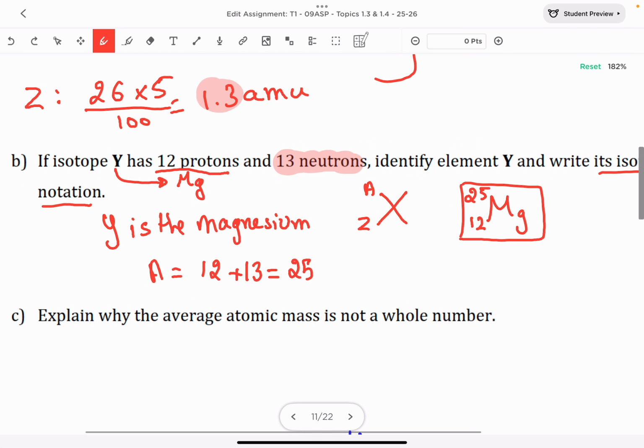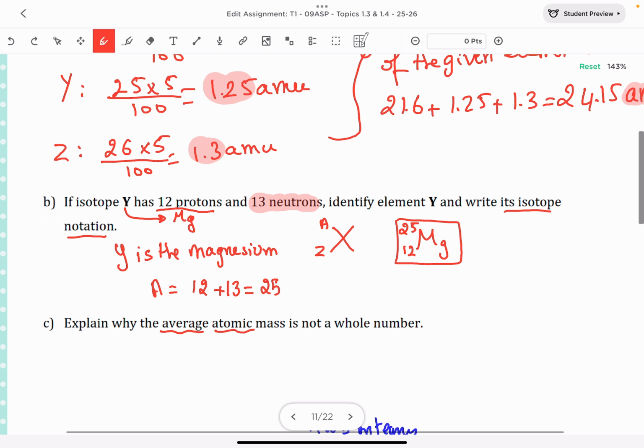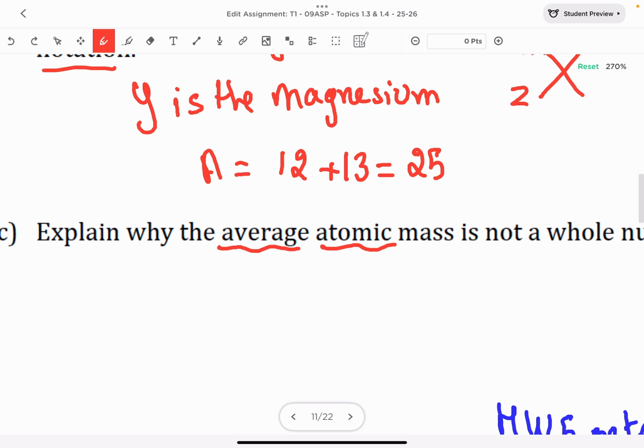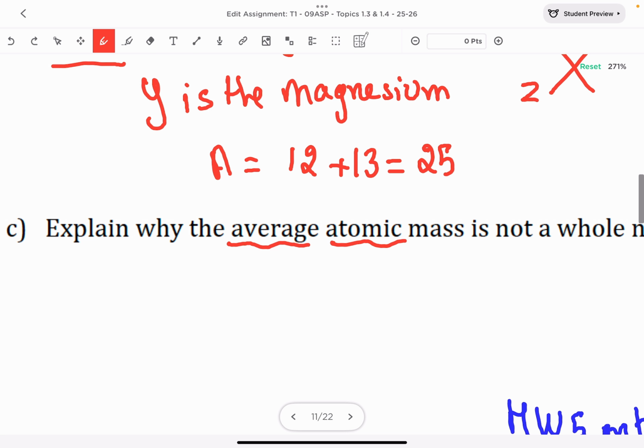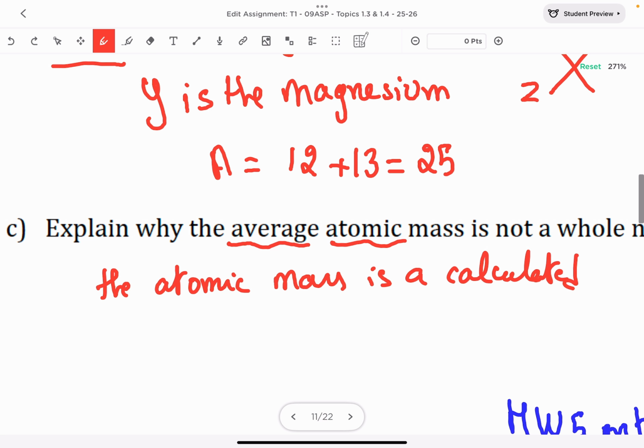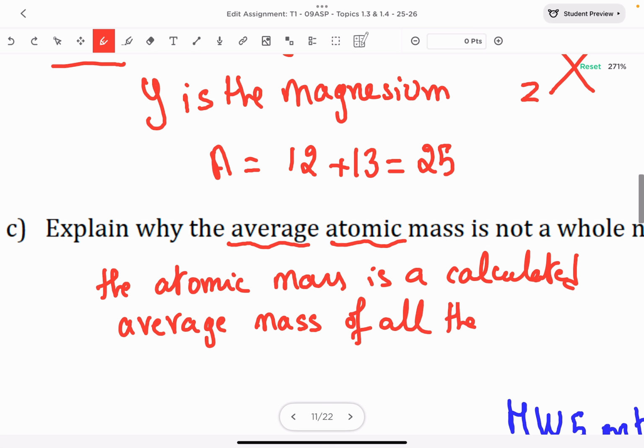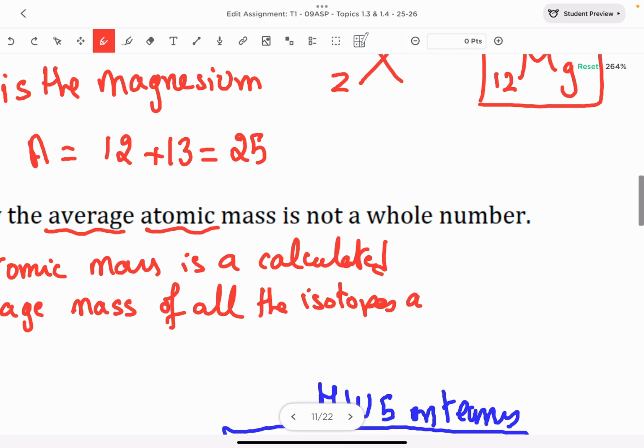Now, explain why the average atomic mass, the one that we obtained over here, is not a whole number. As it says in the question, the atomic mass is a calculated average mass of all the isotopes of any element.